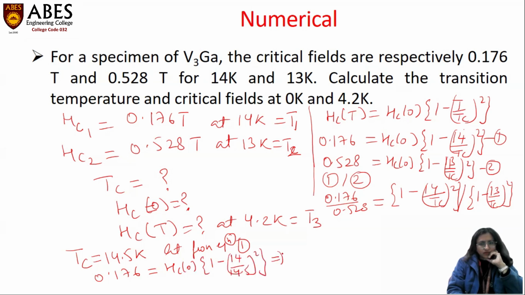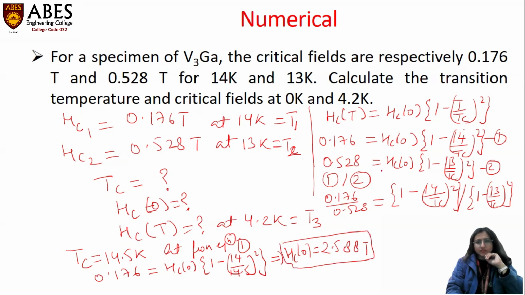When you solve, the value of HC0 is found to be 2.588 Tesla. This is the second parameter determined. This is a very important, frequently asked question. The first parameter was TC. Now we have to determine the critical magnetic field at 4.2 Kelvin.